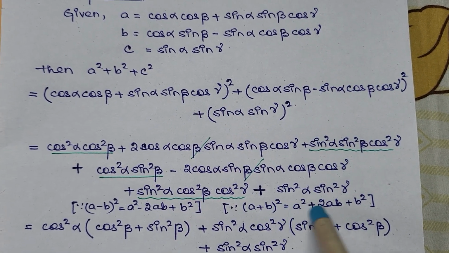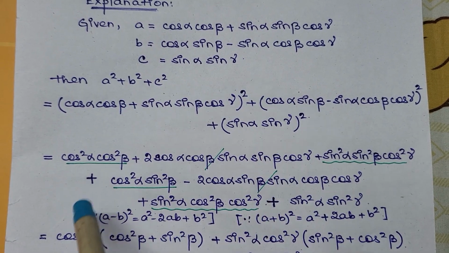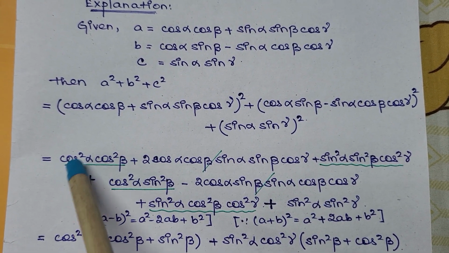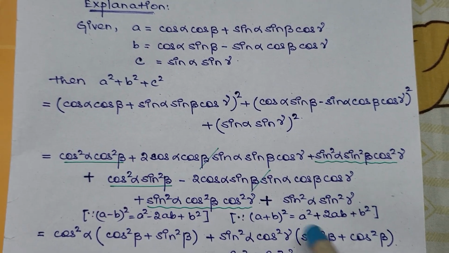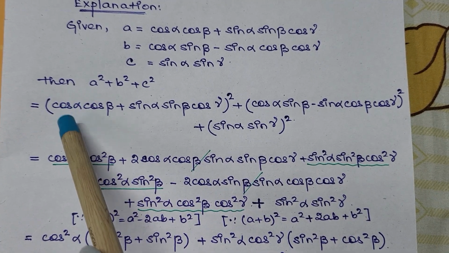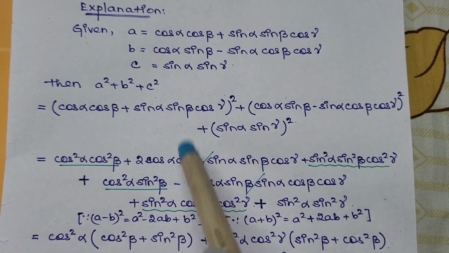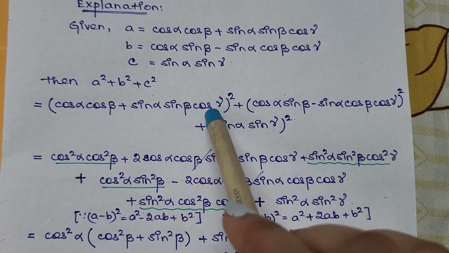Now, expanding in this formula, we have cos alpha cos beta whole square. So, cos square alpha into cos square beta. Now, we have 2AB. So, 2AB becomes 2, A is cos alpha cos beta, into B. So B is sin alpha sin beta cos gamma.